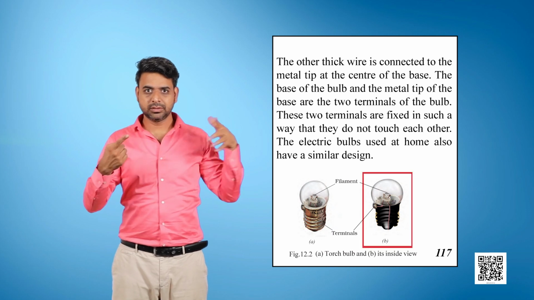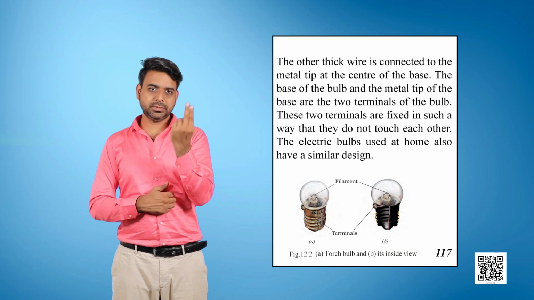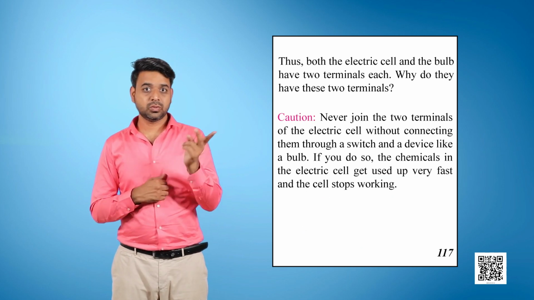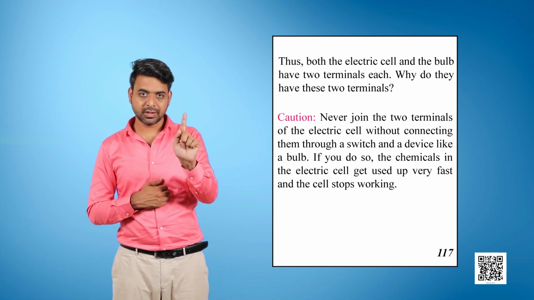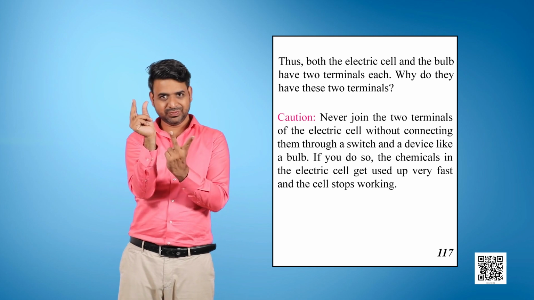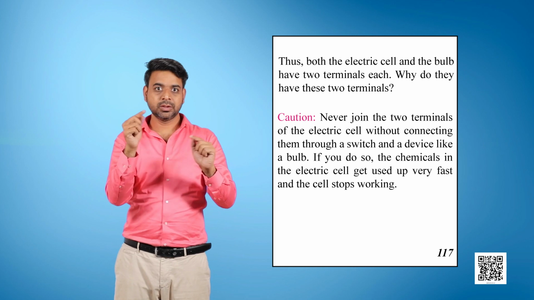The electric bulbs used at home also have similar design. Thus, both the electric cell and the bulb have two terminals each. Why do they have these two terminals?